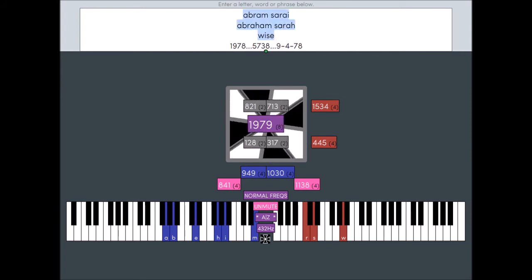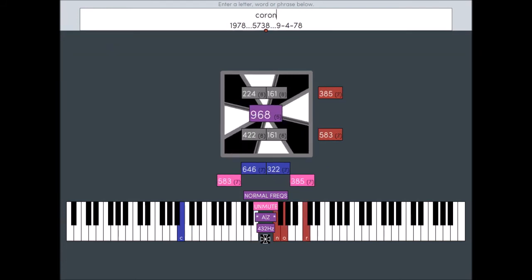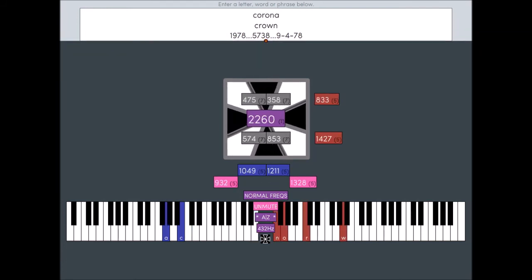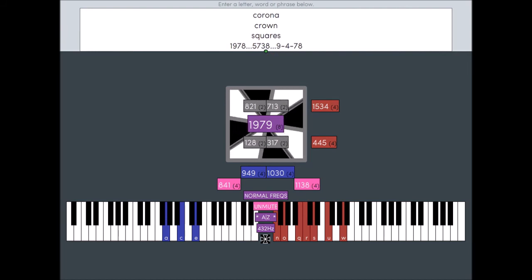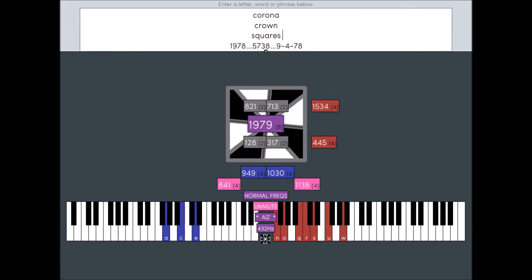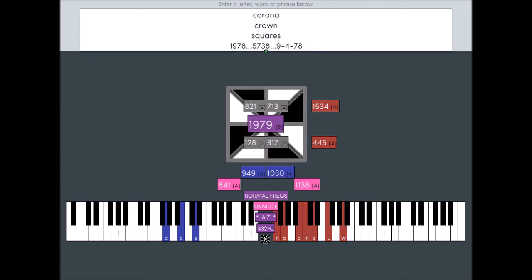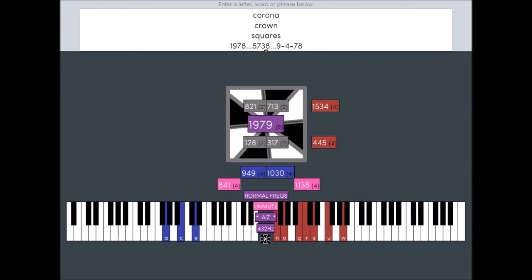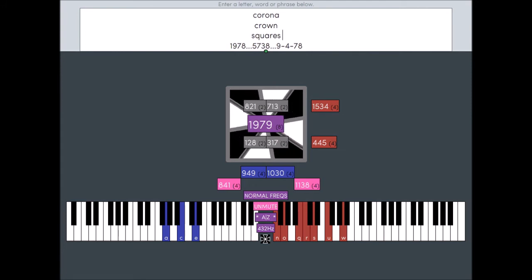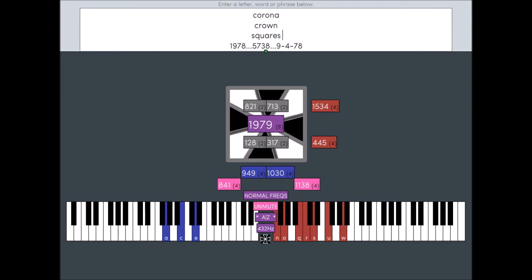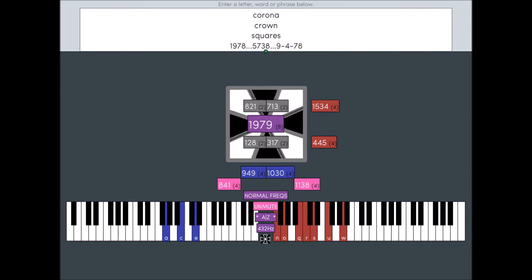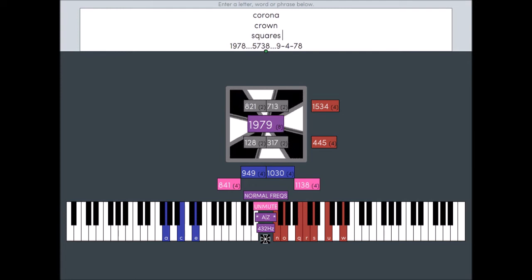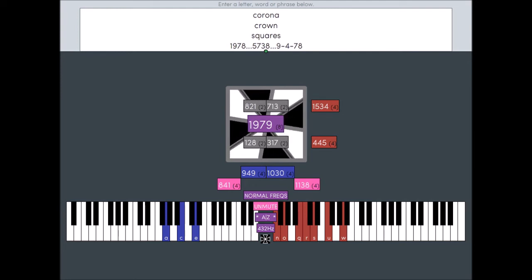So this is what got me going, right? Corona, crown, squares. So when I had linked those two up, Abram, Sarai, Abraham, Sarah, wise, two corona, crown, squares, then I looked at crowns, 5 letters, just like Seder, just like light, just like glory. Why haven't I made a crown square yet? And that's what got me into the beginning of the video and those versions.